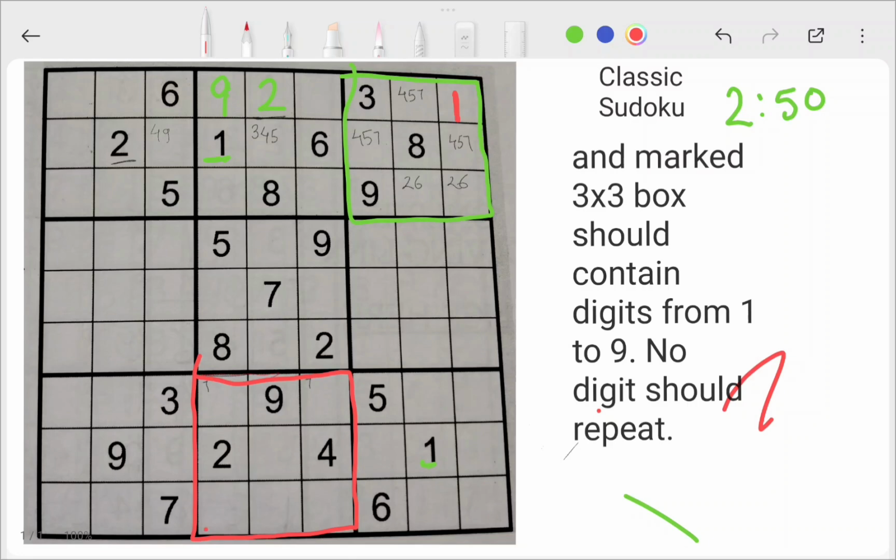And this cell, let's try to find out the candidate for this cell. 9 is not possible. 8 and 7, 6, 5, 4. Only 3 we can write here. 3, 2 and 1. 2 and 1 we cannot write, so this must be 3.